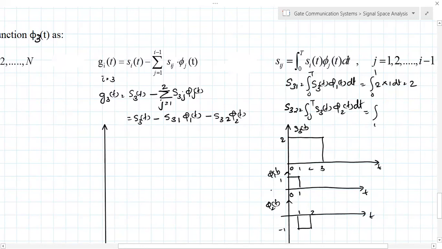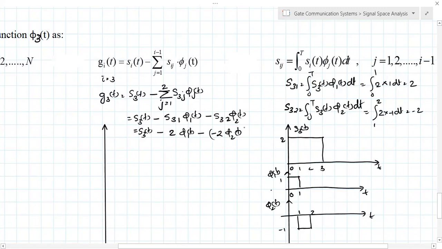The non-zero magnitude only exists from 1 to 2, because phi 2 exists only from 1 to 2, and otherwise it's 0. So for that duration s3 is 2, here it is minus 1. So we'll get minus 2. So you got these two quantities, you can substitute here. So it becomes s3 of t minus s31, which is actually 2, phi 1 of t minus s32, it's minus 2, so minus 2 phi 2 of t.